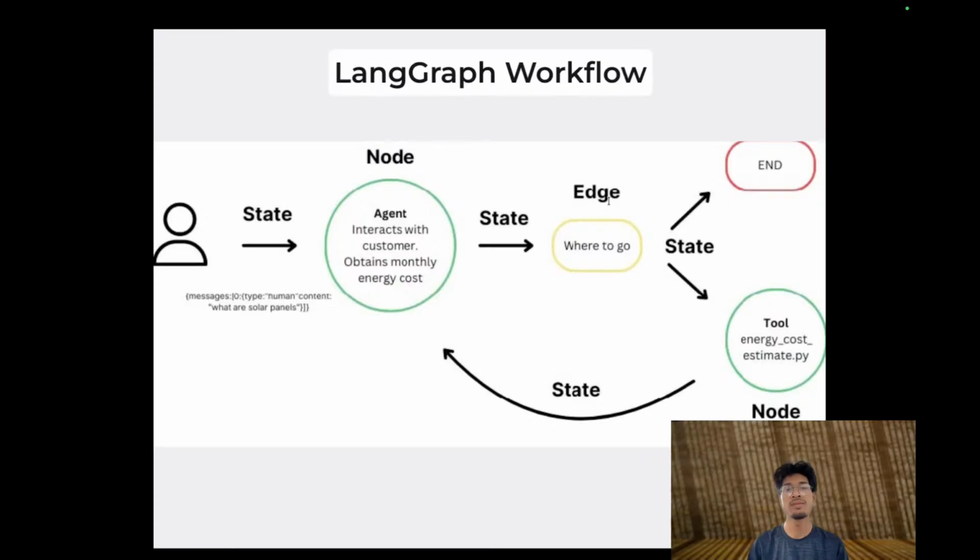This will be decided by LangGraph. Here it comes to the tool, like energy cost estimate, and all things, and this goes back to the agent until it satisfies its answer, and then it will go to the end. So basically it's the LangGraph.